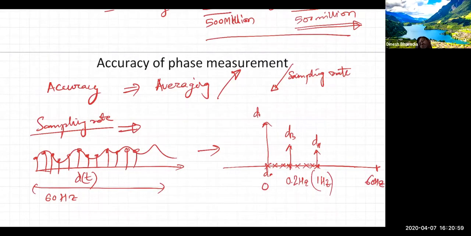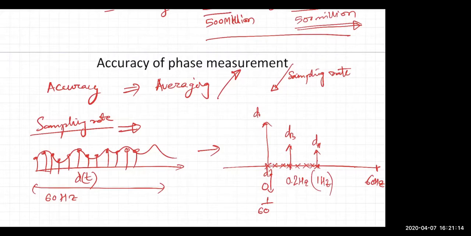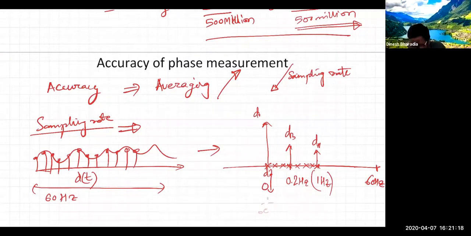Yep. Following me? Oh no, sorry. What am I saying? It would depend on the number of samples. Sorry, my bad. This is 60 over n.